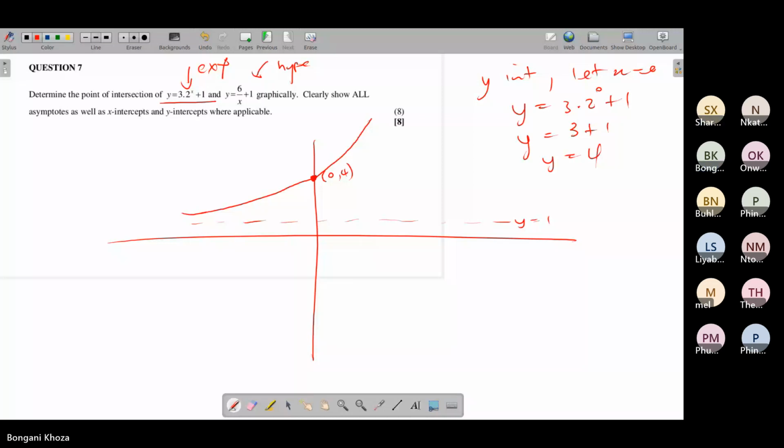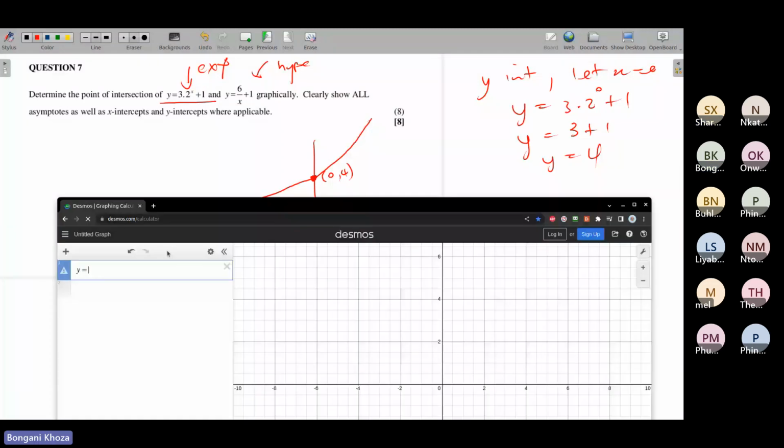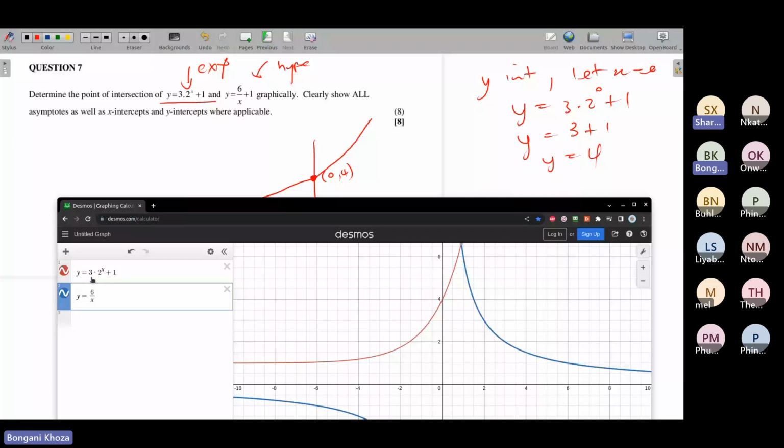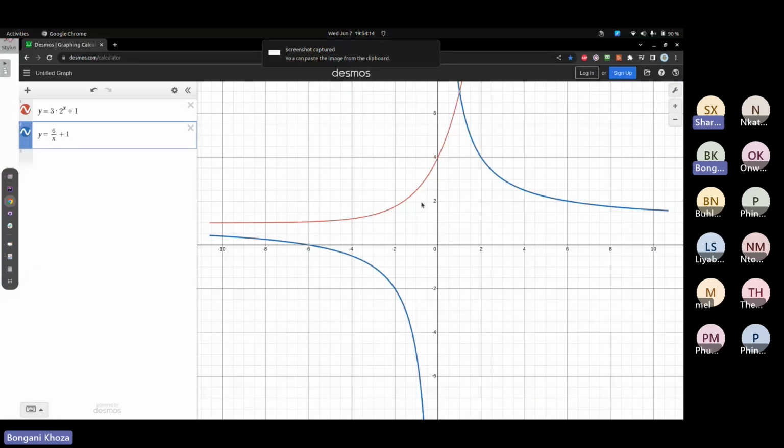Let's get the graph. Calculate. So the graph is supposed to draw y equals 3 times 2 to the power x, plus 1, like that. That's that graph that we have here. The other one is y equals 6 over x, plus 1, like that. So it's on the other side. All right. So these are our two graphs, like that.